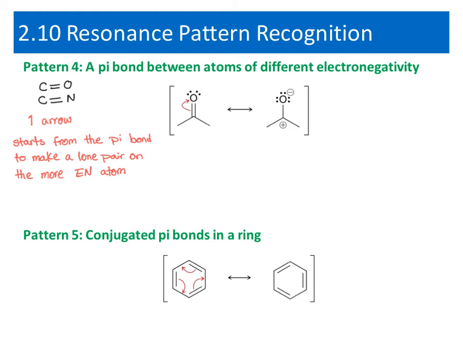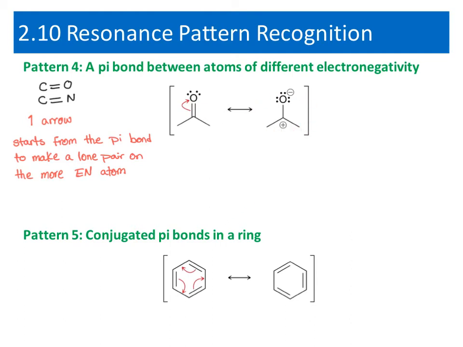Okay, so we never draw the arrow in the reverse order. All right, it is always from the pi bond to the more electronegative atom. So it's more electronegative, it likes the electrons more, and this is how we draw the resonance structures.